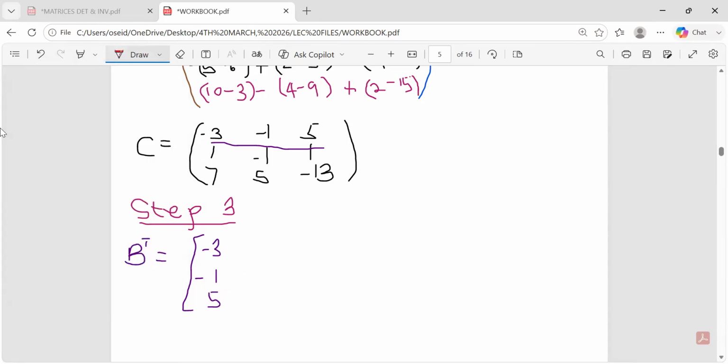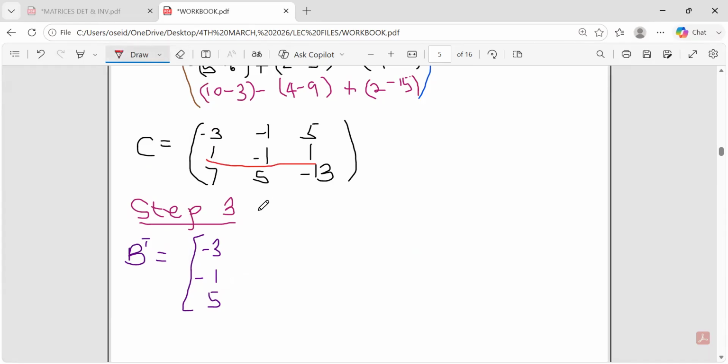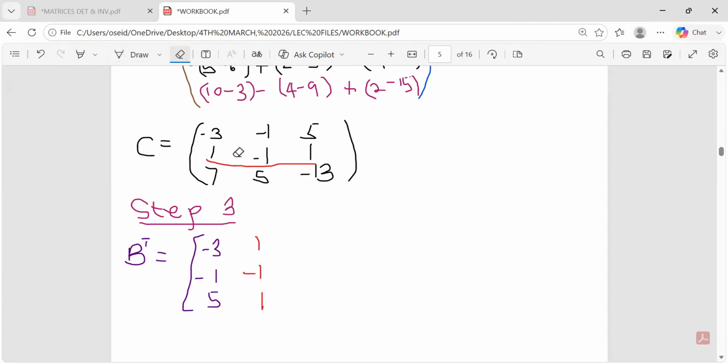Then the second column is what? This. We are going to get 1, negative 1, negative 1, and what? 1. That's for the second.